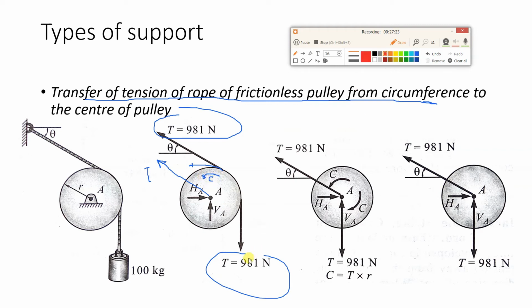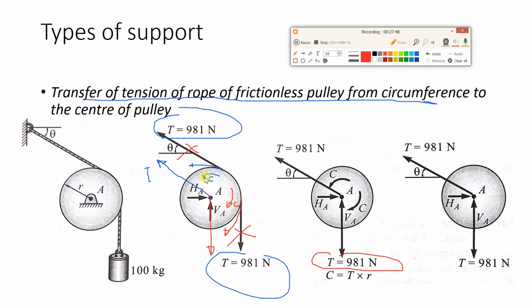Now this tension force is in the downward direction as it is transferred to point A. So here you will have tension 981. Then you have to cancel this. Here also this is cancelled after moving. And what about the moment? Keep your thumb at A, keep your index finger over here, and rotate it in the direction of the arrow. It is clockwise. So here we have a clockwise couple.